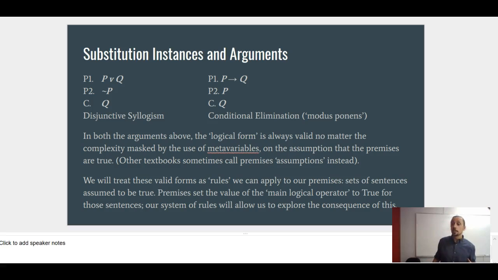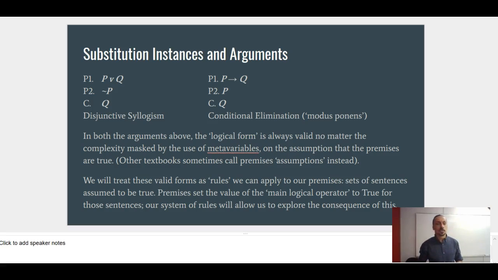And if we can build that target sentence from the premises using substitutions and breakdowns, then you'll know that the conclusion must follow, must be entailed. So we're going to treat the basic valid forms of arguments as rules we can apply to premises, sets of sentences assumed to be true. Our system of rules will allow us to explore the consequences of having basic argument schemas that are valid.